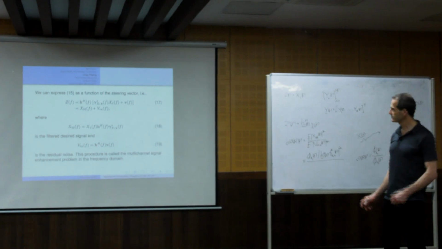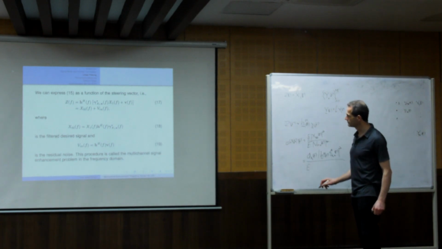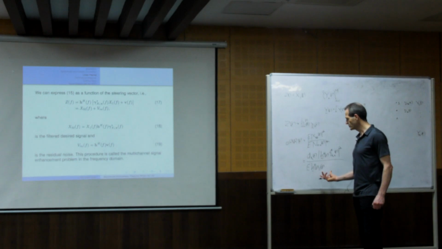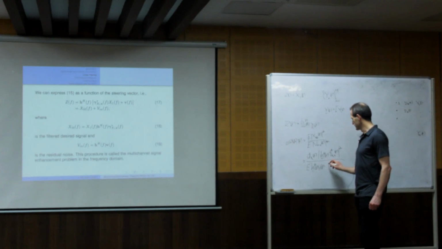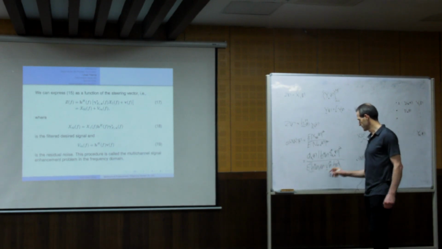Okay? So the expectation of this magnitude squared will be the expectation of H v f. Instead of magnitude squared, I write it exactly. Okay? So I'll take it as V, like this.